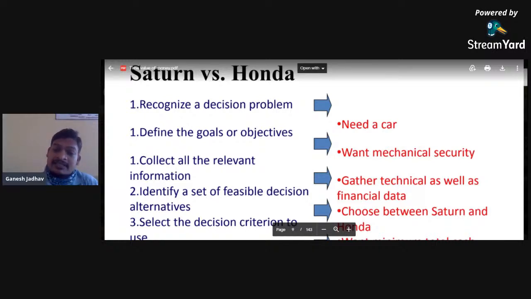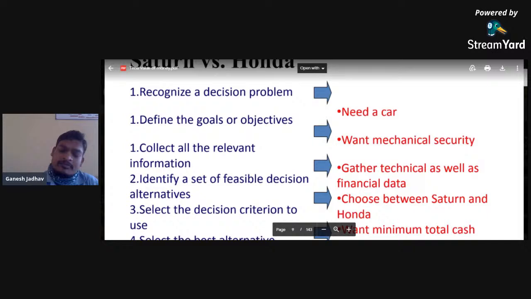Then another one is to identify the set of feasible decision alternatives. The cars are Saturn, Honda, and BMW. So these are the number of alternatives.